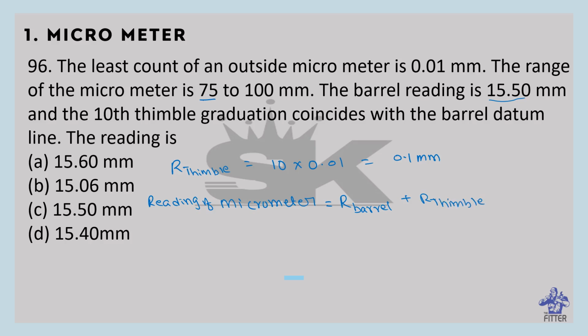So that is equal to 15.50 plus 0.10. So the total is 15.60 mm. And here he is asking about the reading only, so 15.60 is the answer.